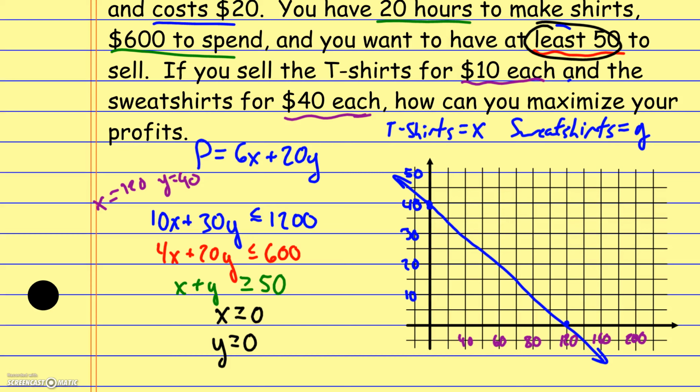The next one, it looks like I have an x-intercept here. When I do 600 divided by 4, that's going to give me 150. And then I'm going to have a y-intercept when I divide by the 20 there. It looks like it's going to give me a 30.